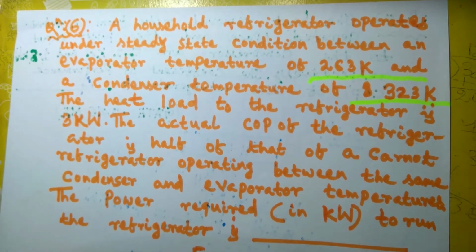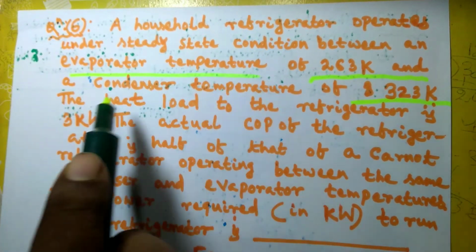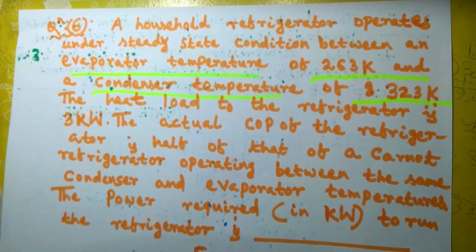Obviously, when evaporator and condenser are given, it means it is a VCRS or vapor compression refrigeration system. The evaporator temperature is always the lower temperature TL, and the condenser temperature is the high temperature, which is 323 Kelvin. The heat load to the refrigerator is given as 3 kilowatt.